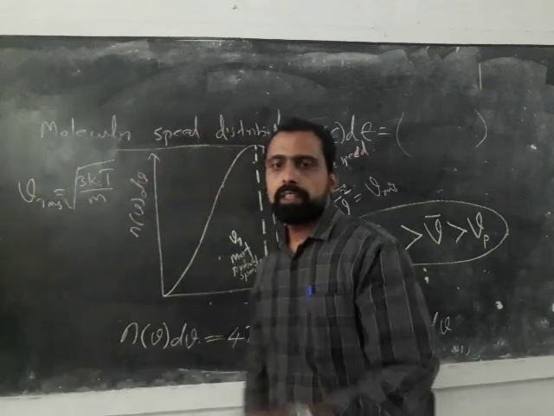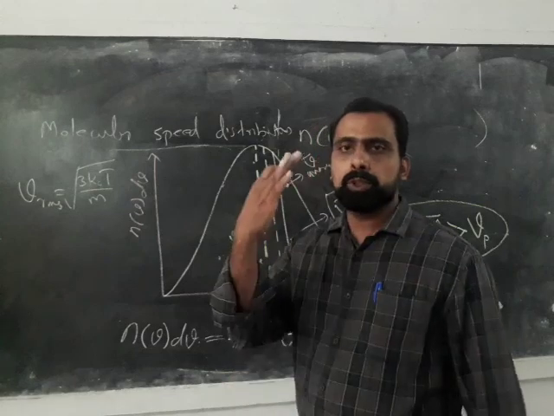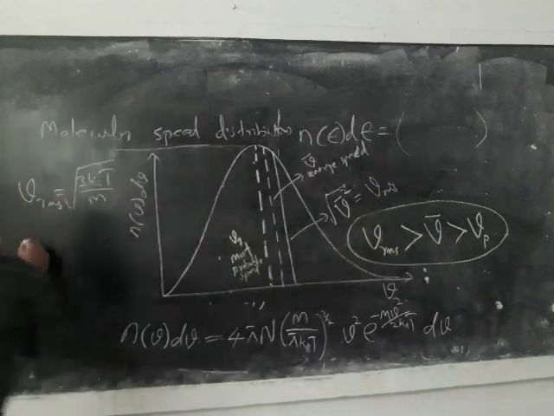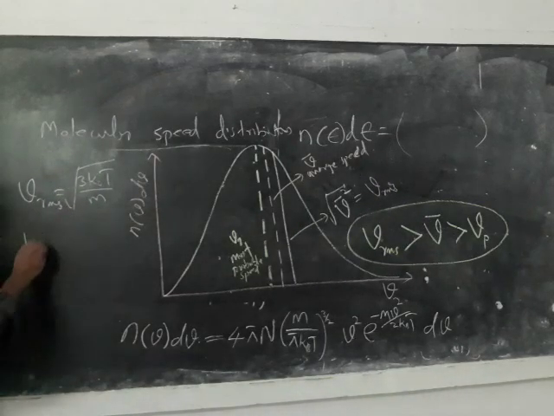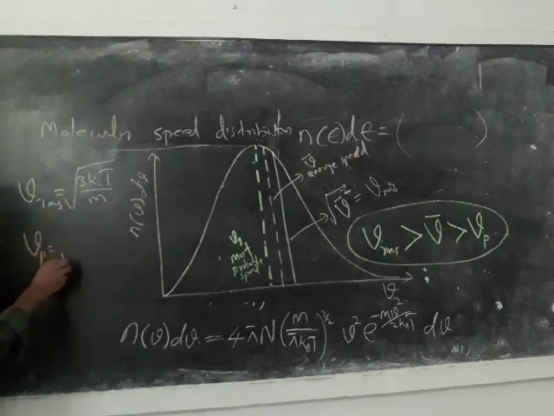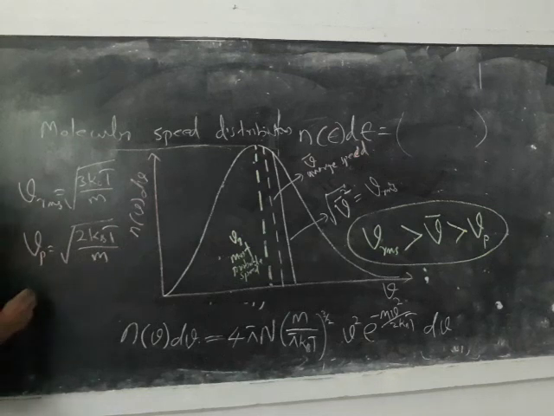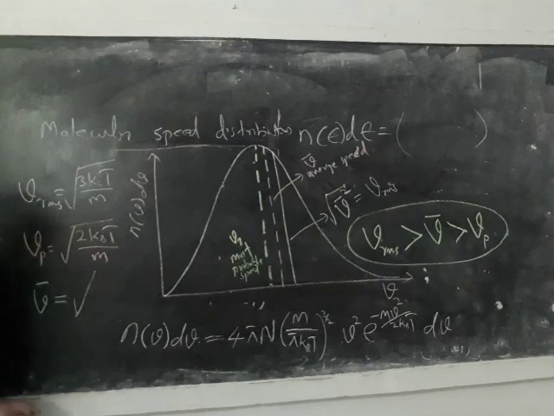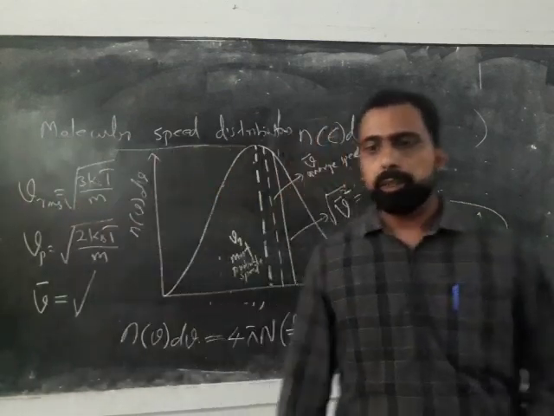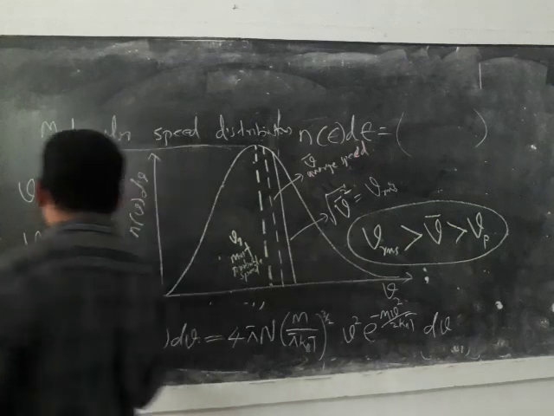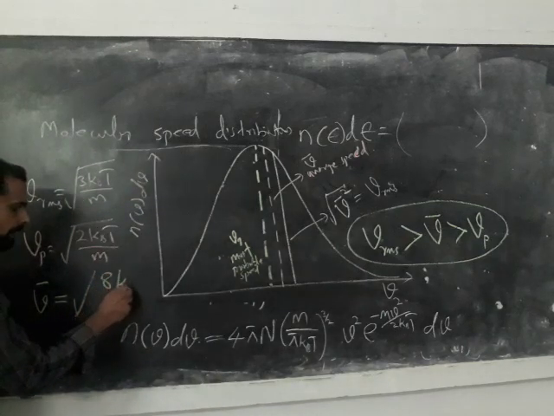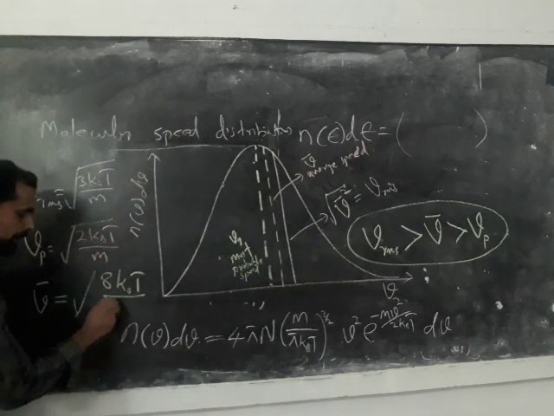Then the most probable, VP, is equal to square root of 2 kBT by m, and the last one, V average, is equal to square root of 8 kBT by pi m.